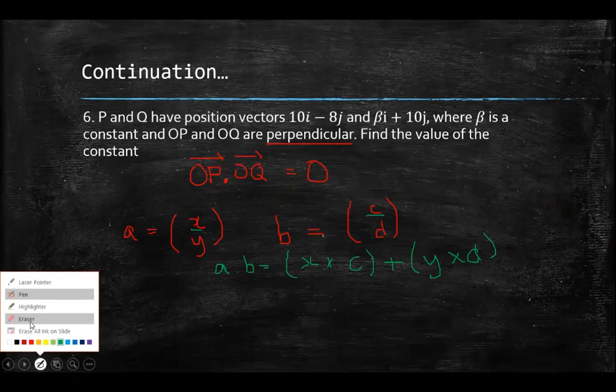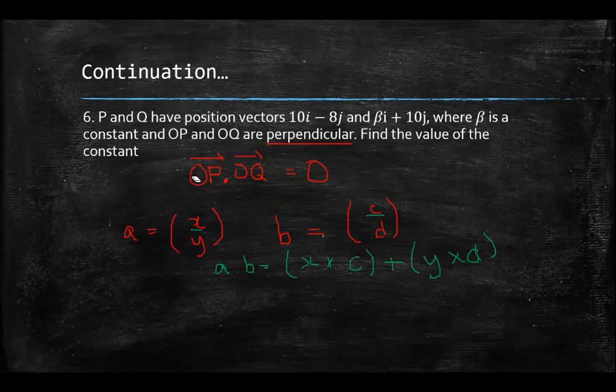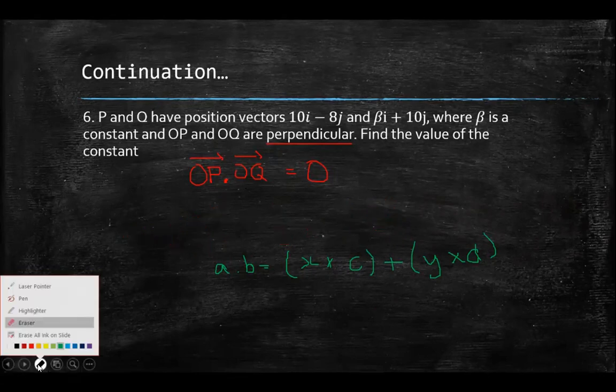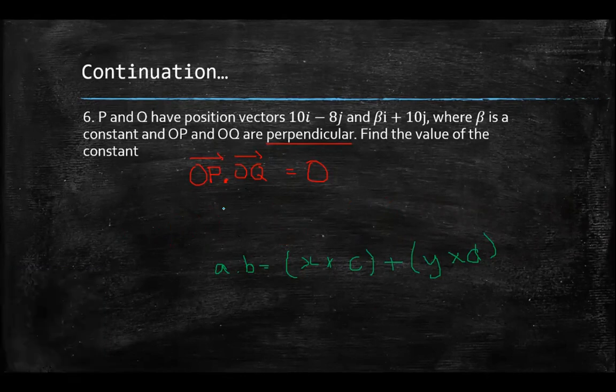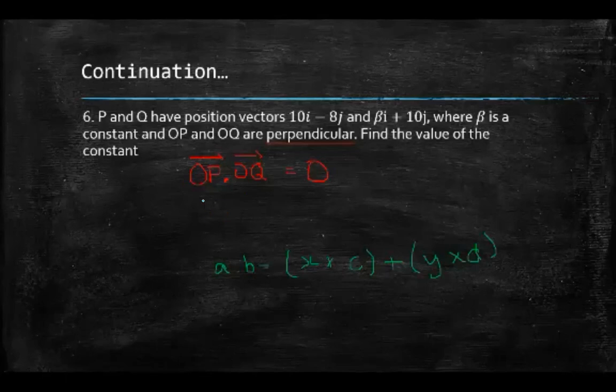So if I want to find the dot product of OP and OQ, it's the same thing I'm applying here, right? Let me just erase this. I'll leave the green part. So OP dot OQ would be the x components. Remember the x components are the numbers that come right before the i symbol.